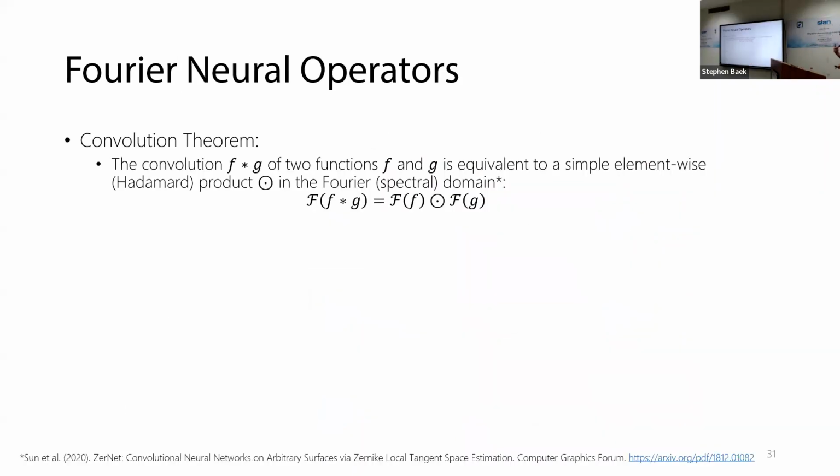So a little more into the Fourier neural operators. So this thing called the convolution theorem, if you're from a signal processing background. Yes, it's a combination of sine functions and cosine functions.